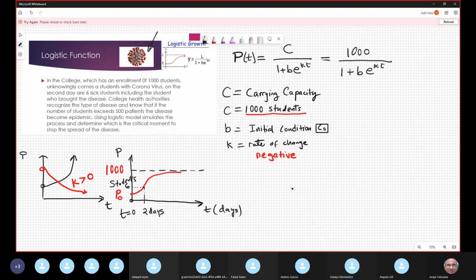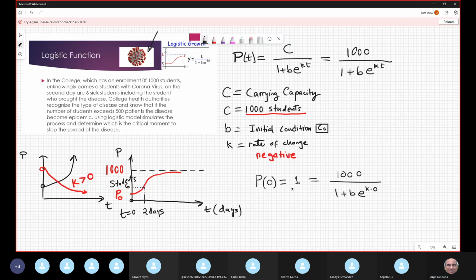Okay, so the population evaluated at 0 is equal to 1 student. This allows me to find the B parameter. So 1 equals 1,000 over 1 plus B exponential K times 0, because it's t equals 0.